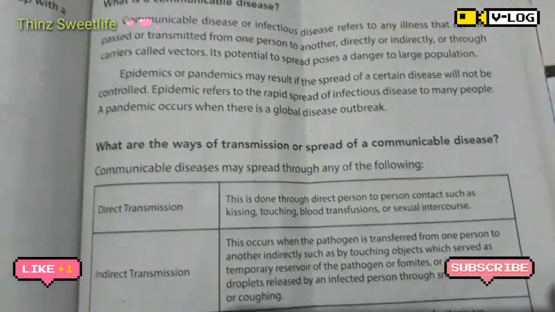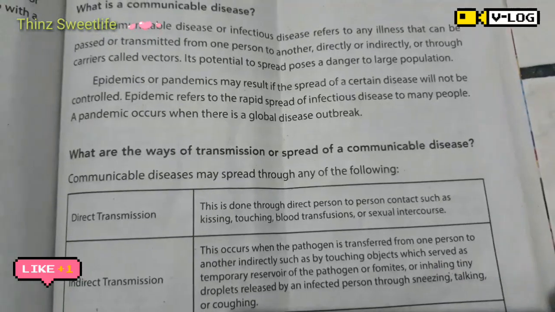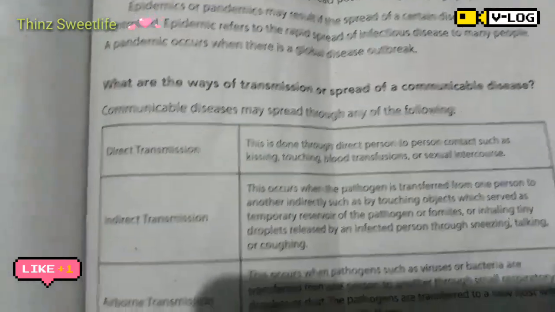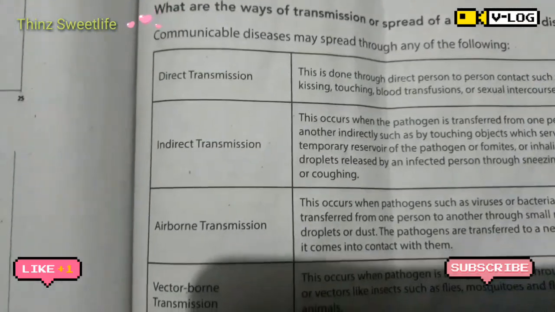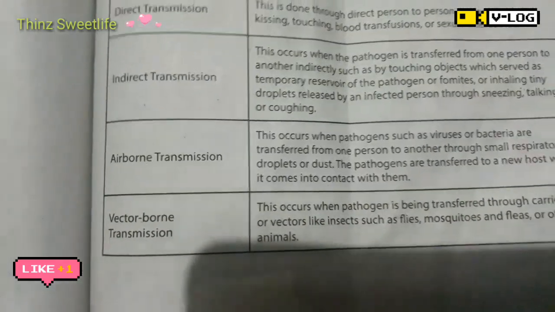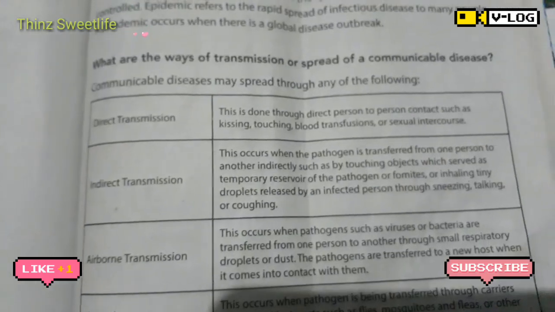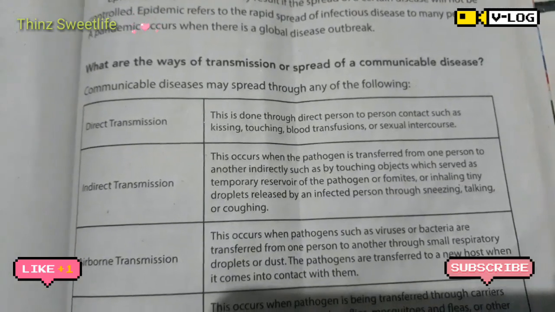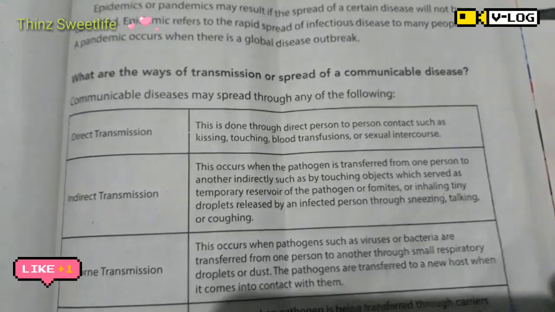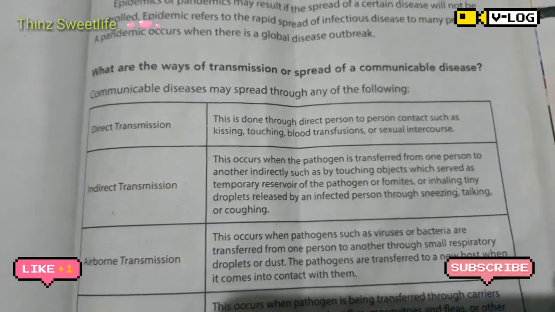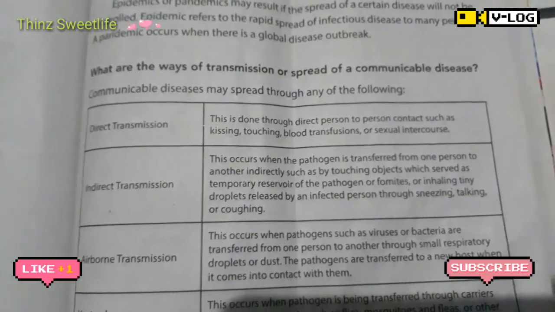What are the ways of transmission or spread of communicable disease? Direct transmission, indirect transmission, airborne transmission, vector-borne transmission. Direct transmission is done through direct person-to-person contact, such as kissing, touching, blood transfusion, or sexual intercourse.